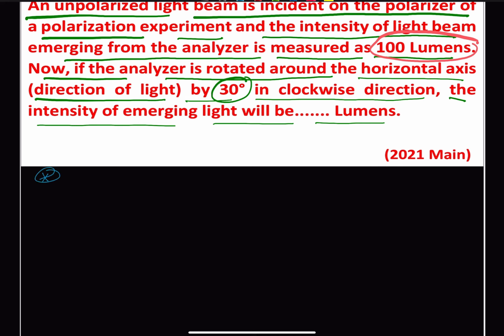So we can say that the axis of polarizer and analyzer are parallel. So based on this we can draw an approximate figure.